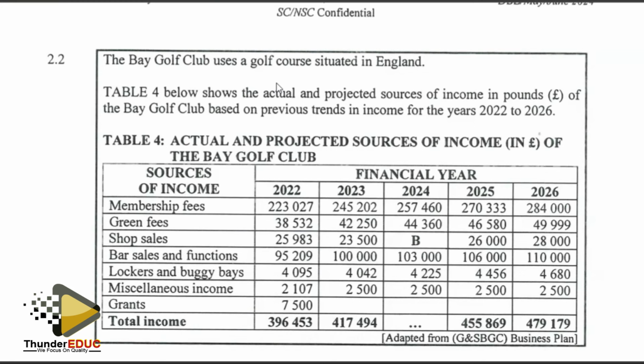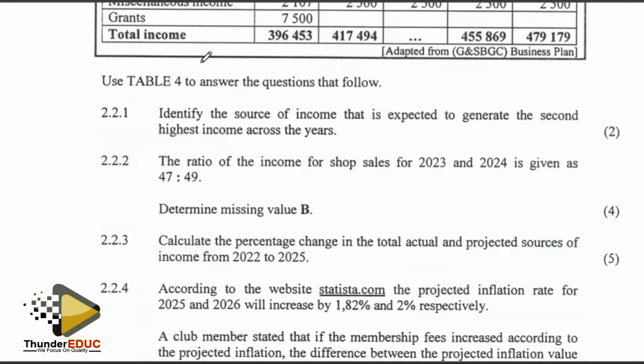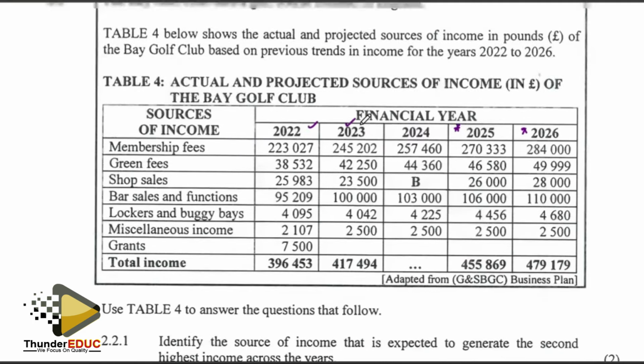Now the projection is in between here. These are already passed. Identify the source of income that is expected to generate the second highest income across the year.